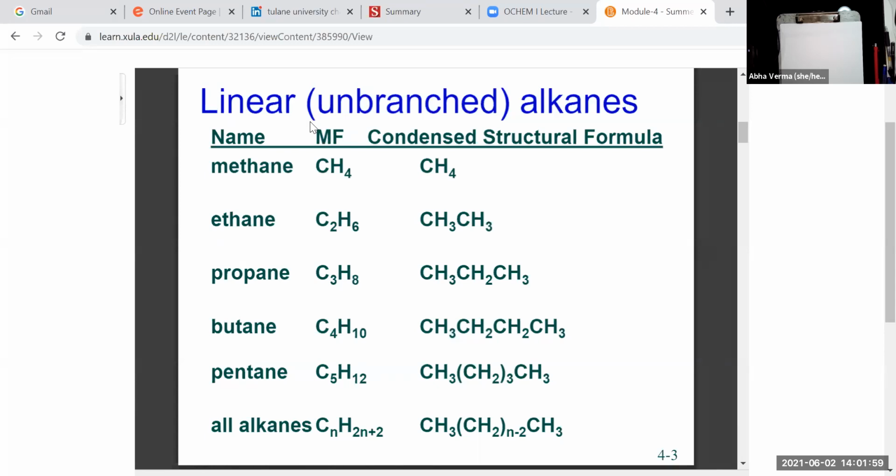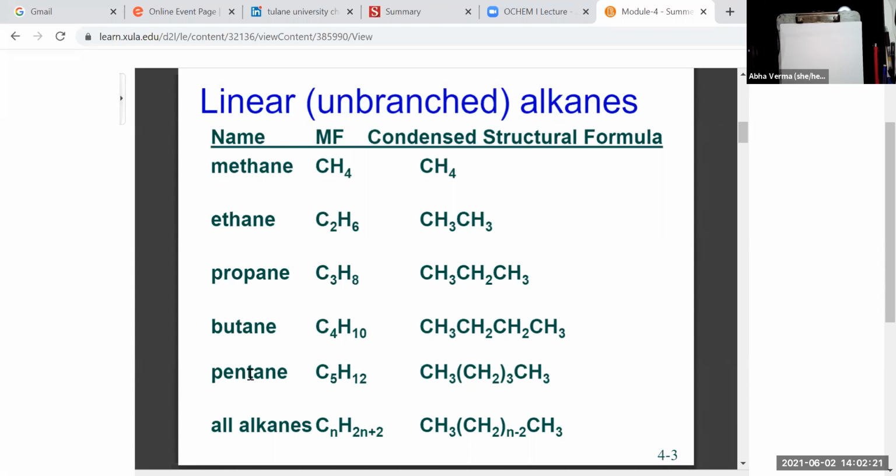Depending on how many carbons are in your molecule, for example, if there is only one carbon, the root word will be meth. For 2 carbons, it will be eth. For 3 carbons, it will be prop. For 4 carbons, it will be but.